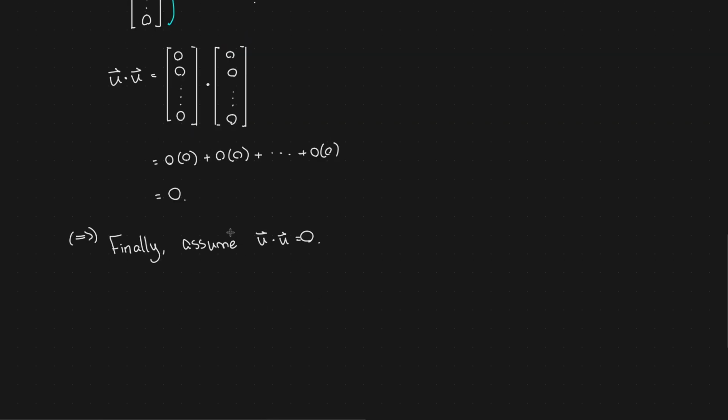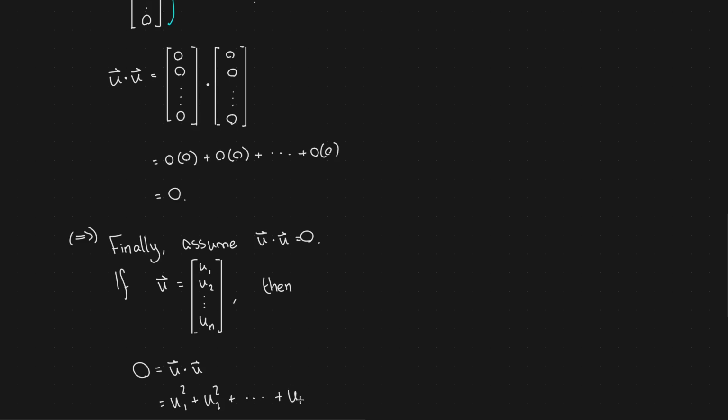Okay. Now I'm again going this direction, and I don't know what u is, but I know the dot product of u with itself is 0. So if u is u1, u2, all the way to un, then 0, which is equal to u dot u by my assumption, must be equal to u1 squared plus u2 squared all the way to un squared.